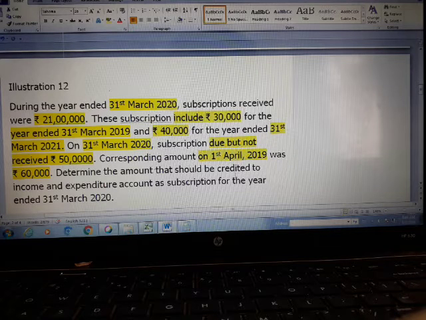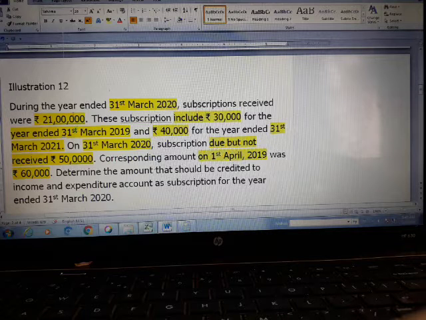They have given you that during the year 31st of March 2020, a non-profit organization has earned total subscription worth rupees 21 lakh. In this, an amount of rupees 30,000 as well as an amount of rupees 40,000 were included, which pertains to a previous year, 31st of March 2019, and a portion of the amount belongs to next year, that is 31st of March 2021.